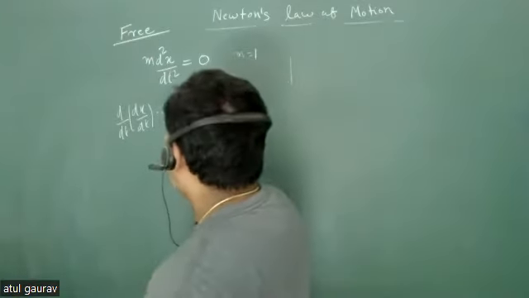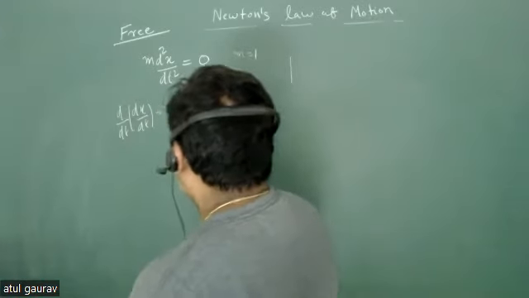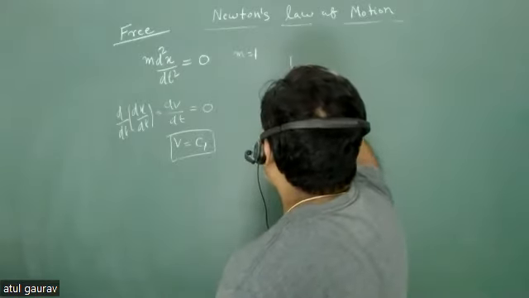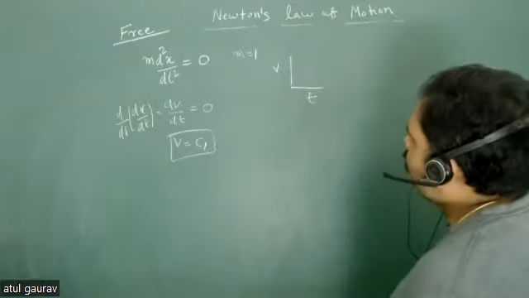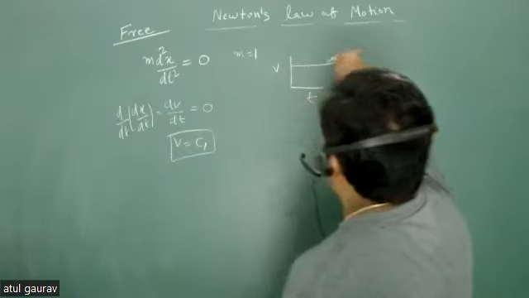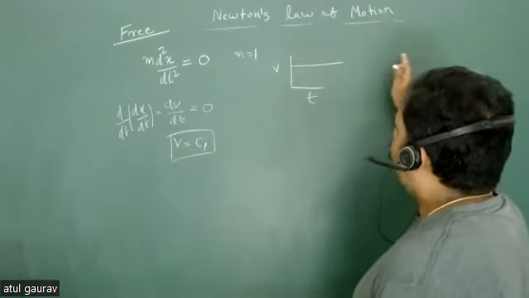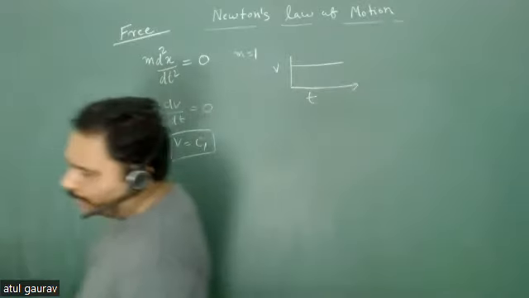So what will be the condition? v is equal to what? Some constant, isn't it? And what will v versus t be? Just a straight line parallel to the time axis. Every point you have the same speed. Every time you have the same speed, isn't it?